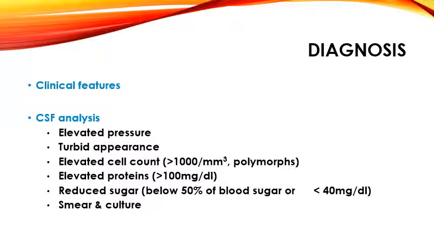But if your blood sugar level is 70 and your CSF sugar level is 40, that is not below 50% of the blood sugar level. So that is why it is not significant, and therefore it is recommended to do a blood sugar prior to doing the LP. Smear and culture can be sent from the CSF sample which you have taken.